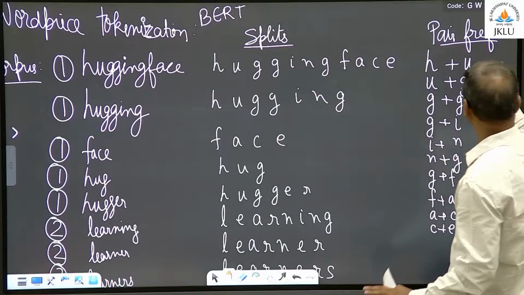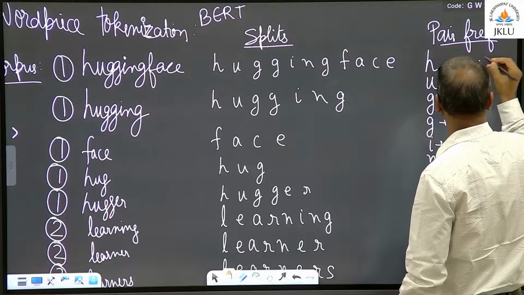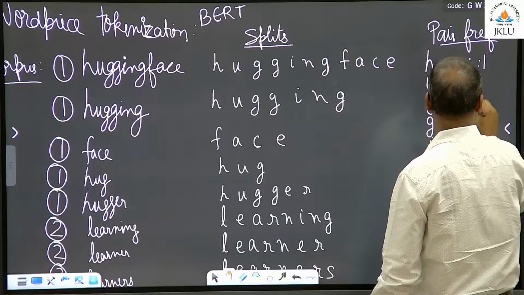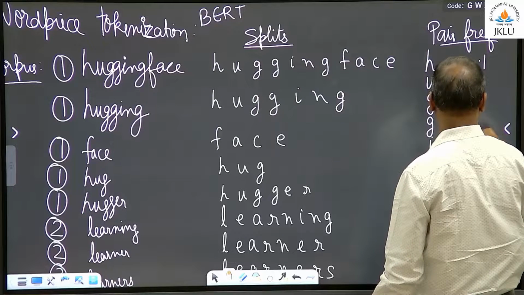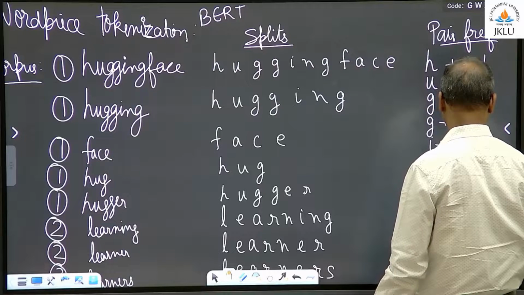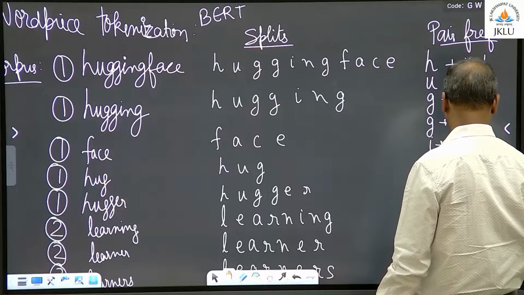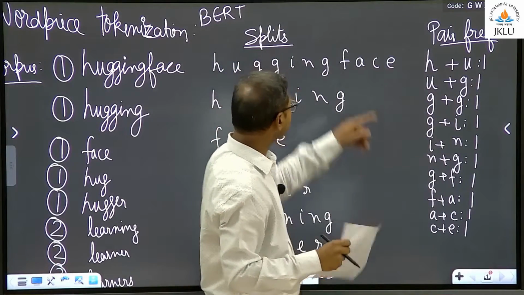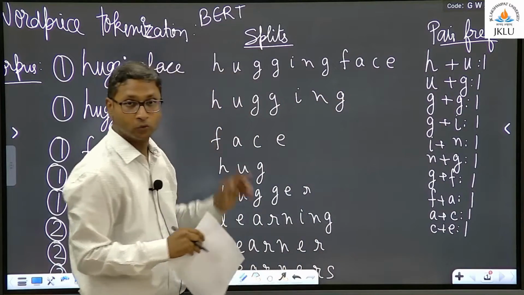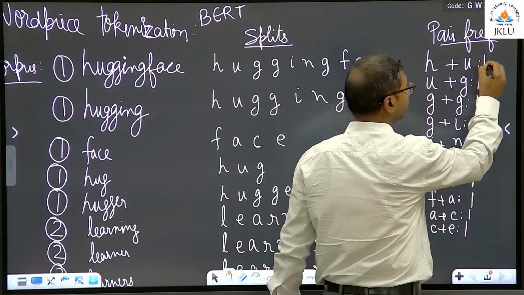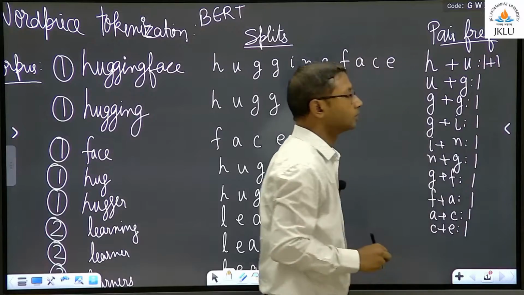No. So I can simply write here 1, 1. All these are 1 until now. Next I come here, I see HU. I don't need to start a new one, I can simply write plus 1.